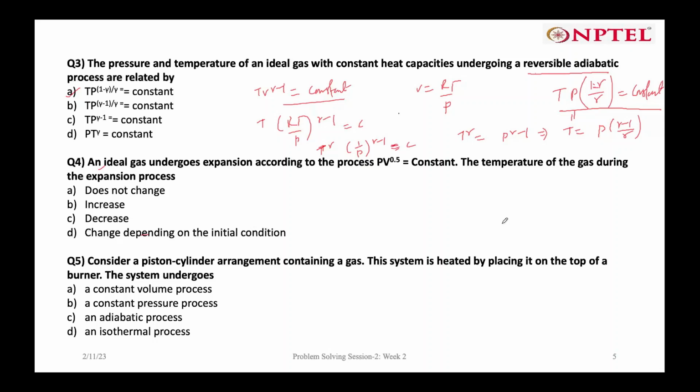Here the expansion is going on, and PV to the power 0.5 is equal to constant, right.